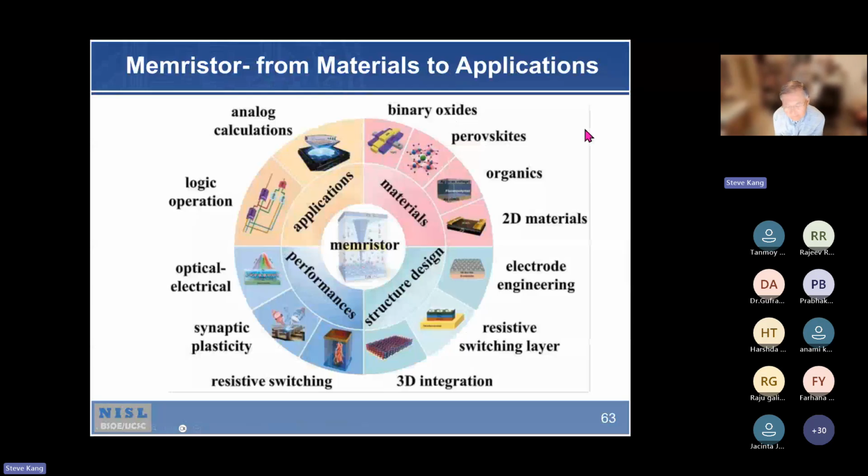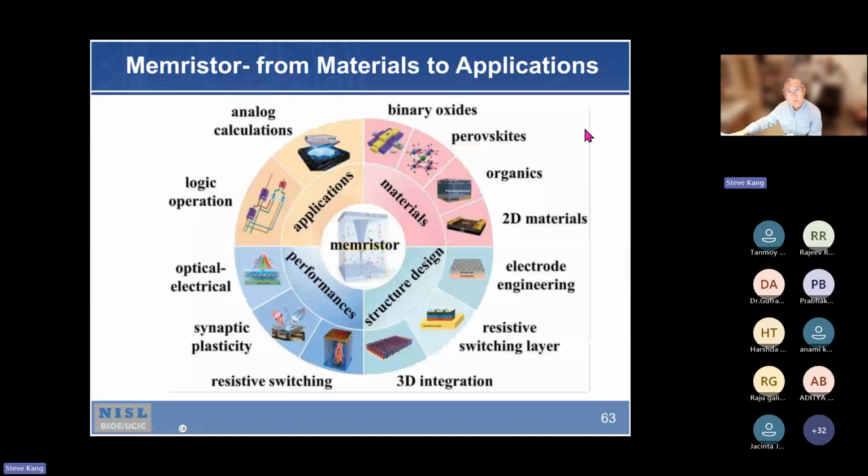Now, this slide shows various aspects related to the memristor. It describes materials systems, the structure to build a device, the performance of such a device, and then the application of such a device.